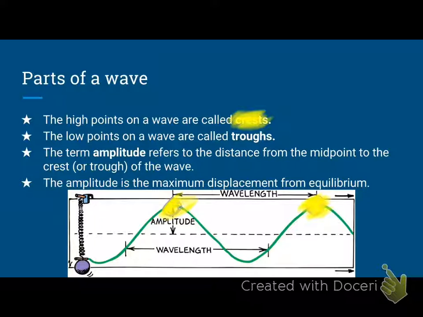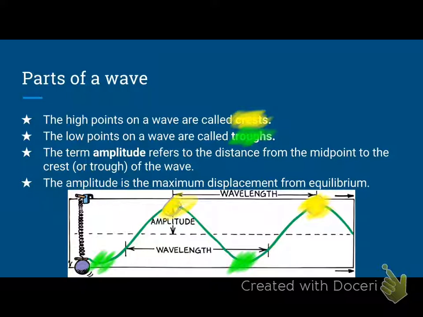And then we have the low parts. The low parts are our troughs. There's our trough. There's our trough. So our troughs are in green.